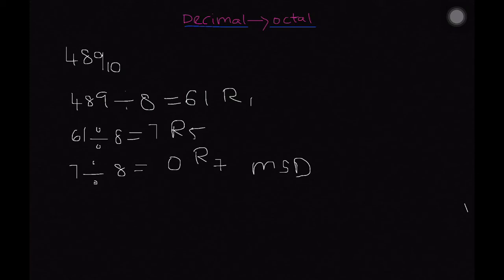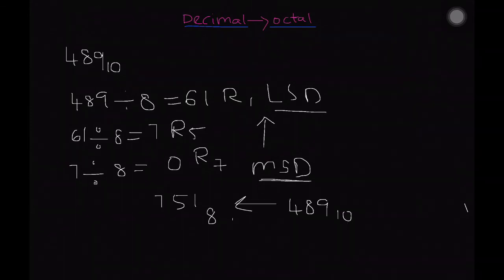This is the MSD and this is the LSD, or we can say most significant digit, least significant digit. We want to take the number from bottom to top, which is MSD to LSD. 751 to the base 8. This is the method how to convert from decimal to octal number.